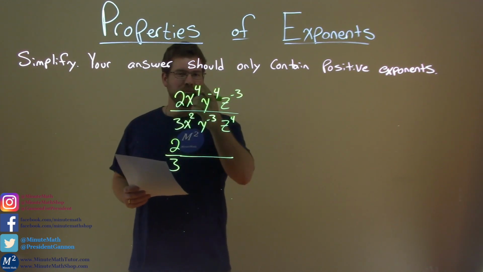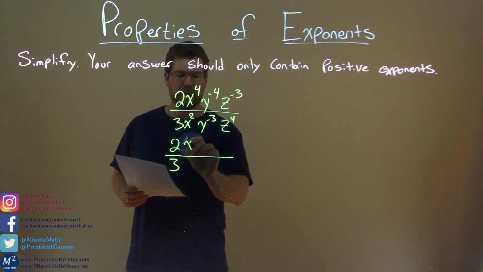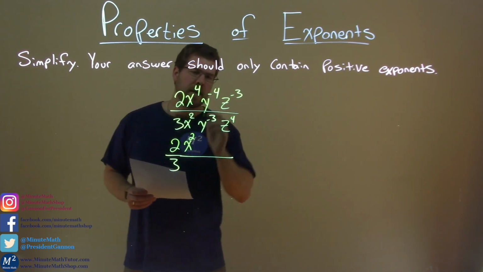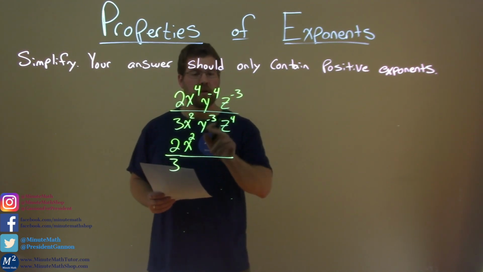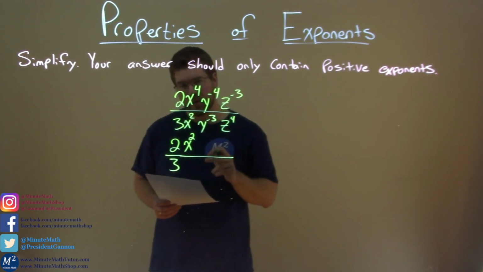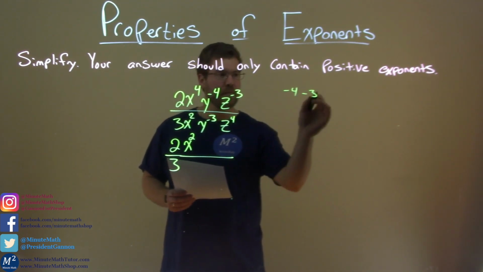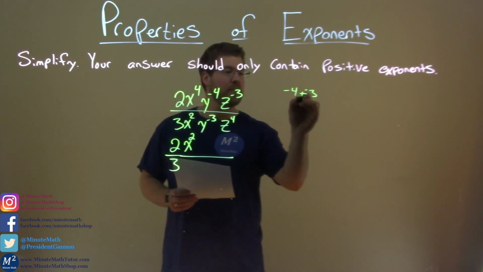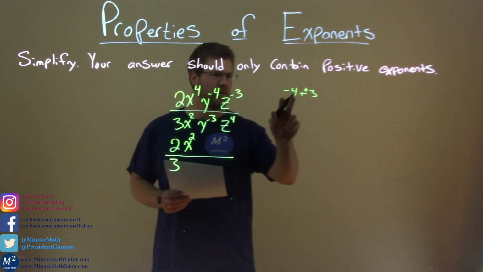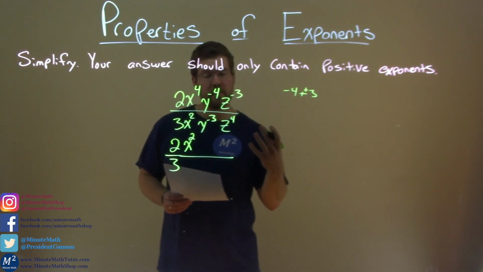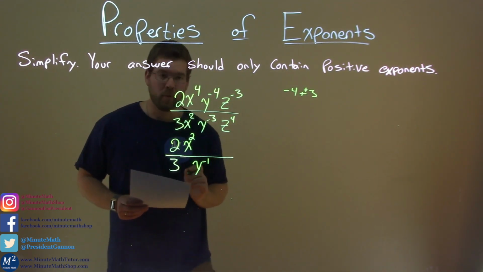Well, we subtract the exponents, 4 minus 2 is just 2, and so we have an x squared here. Now the y's, this is the tricky part. y to the negative fourth divided by y to the negative third. Negative 4 minus a negative 3, we subtract them, is like adding a positive 3, right? So negative 4 plus 3 is a negative 1. That means the y is going to be in the denominator, negative 1 right there.